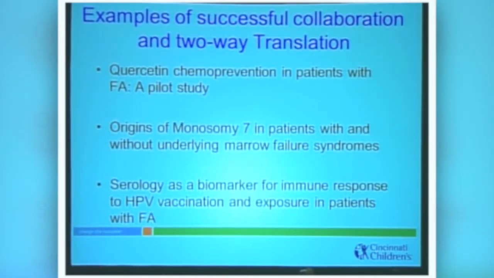You can find novel partners which are collaborating with 1, 3, or 7, or there are so many other partners that they actually start, and 1, 3, and 7 come late, but those are the only ones we know. Looking at solid tumor prevention, we did a serology as a biomarker for immune response to HPV vaccination study that was funded by FARF.